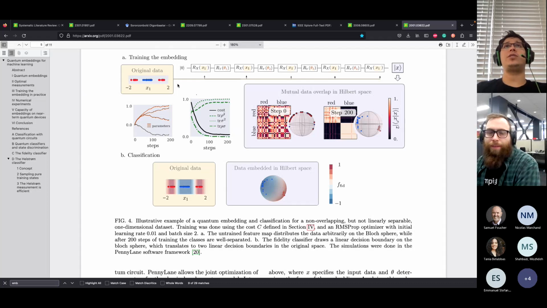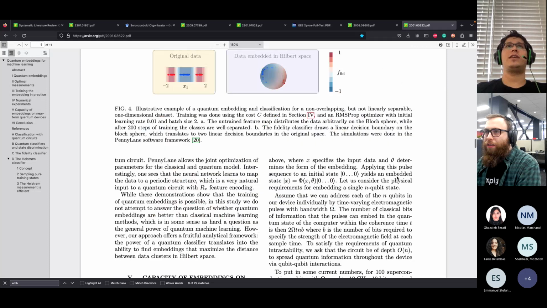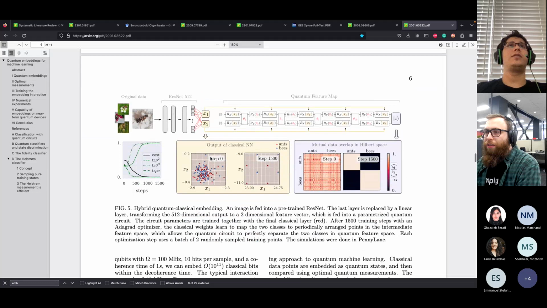It is one-dimensional, so that means you have one feature per sample. You can do this analysis, and it looks cute on the Bloch sphere because you can plot everything, but it's not as applicable to real-world data because you will not be able to visualize this. So that's one thing. Another thing they do is here.